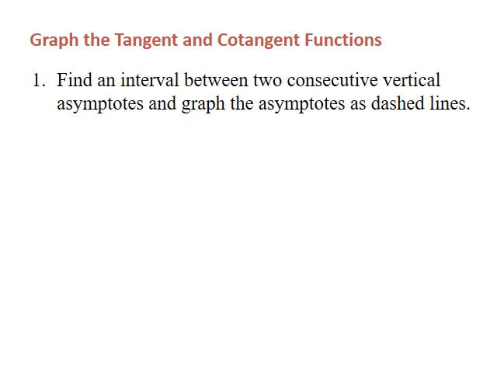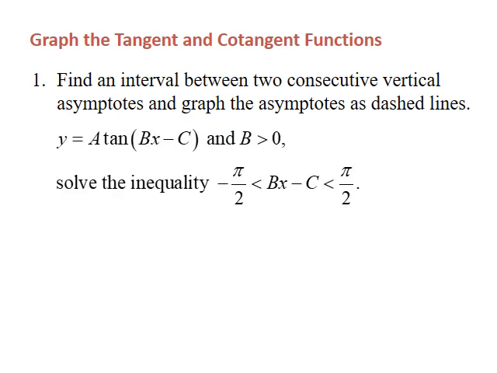There's really a bit less involved when graphing tangent and cotangent, which is nice. So one thing that you'll want to pay attention to is basically you can identify where the asymptotes occur. And the asymptotes will occur for tangent on multiples of pi over 2.